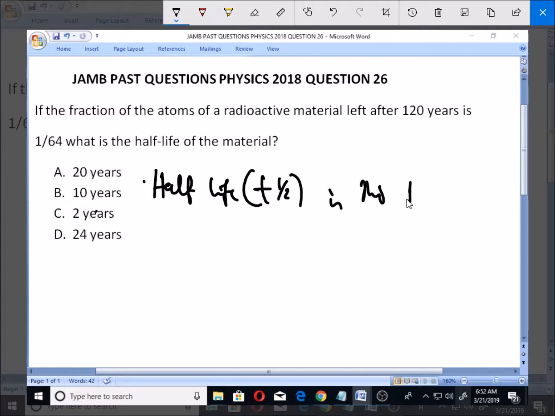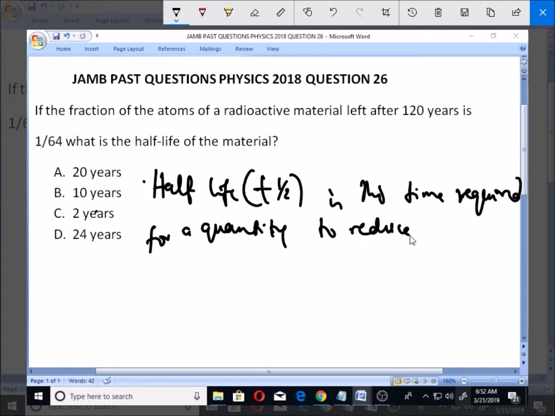is the time required, that very time required for a quantity, for a given mass or quantity, to reduce to half of its initial value.